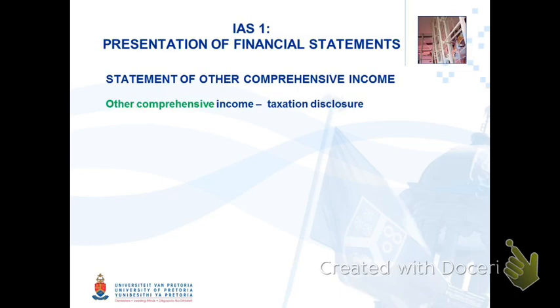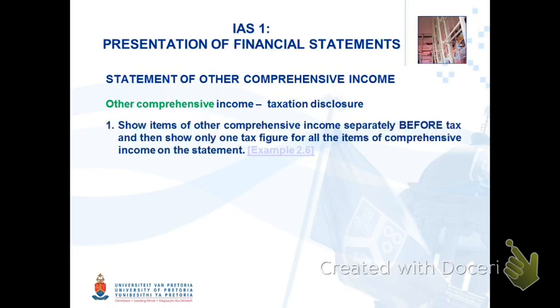Now, the statement of other comprehensive income, when you look at your tax disclosures, what we will do is show your other comprehensive income items separately before tax, and then show only one tax figure for all of these items in your statement of other comprehensive income.